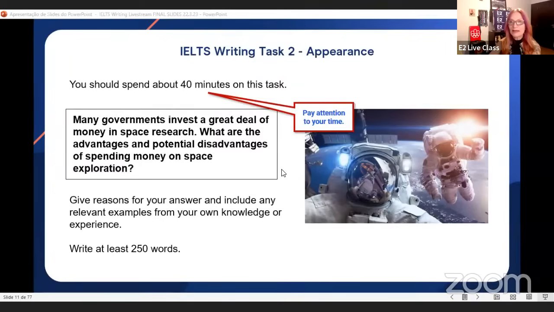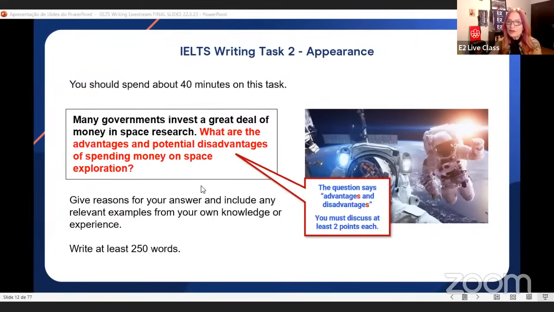You should practice at home before the test to be sure that you can write your essay in 40 minutes. If not, where are you taking more time? Where can you save time? Usually the introduction is a very good part to save time. The question says advantages and disadvantages, which means you must discuss at least 2 points, right, for each.